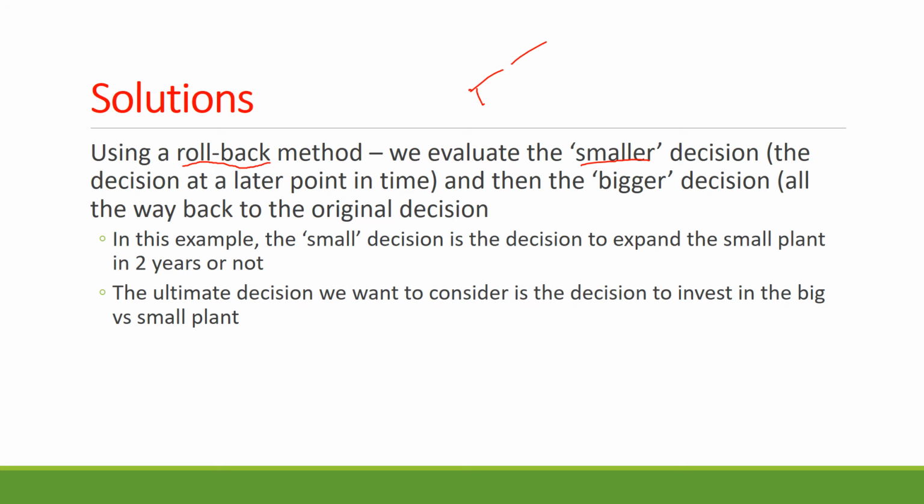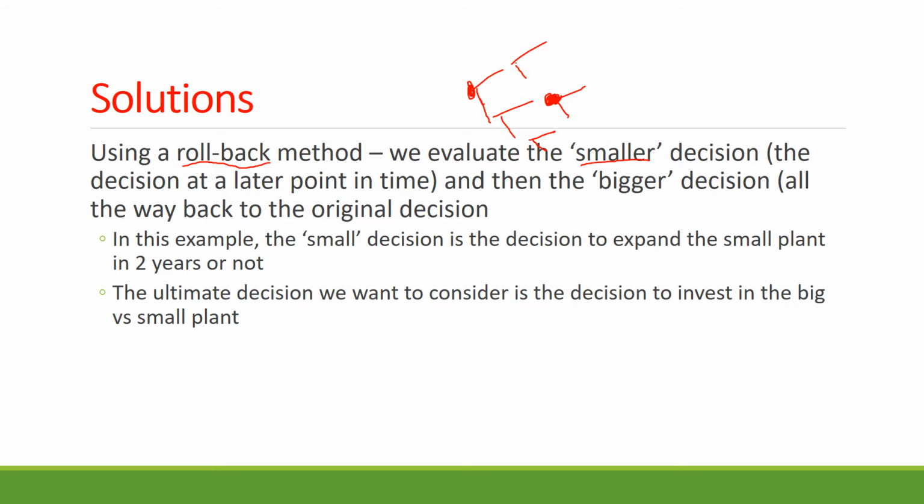Okay. So in the example that we had before, this is what we had, right? We have a big decision here. This is when we decide whether to choose a large plant or a small plant. Then in year 2, we have a smaller decision. This is when we decide whether to expand the small plant or not, depending on the demand, right?